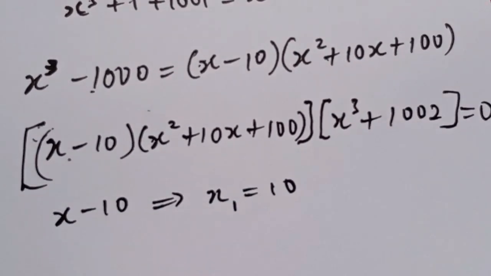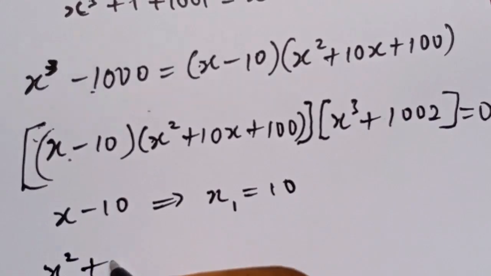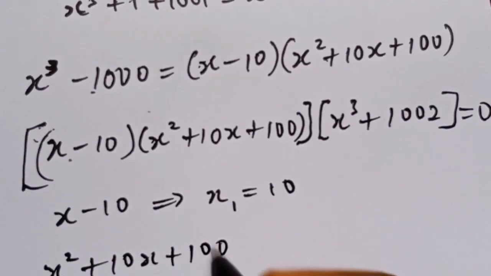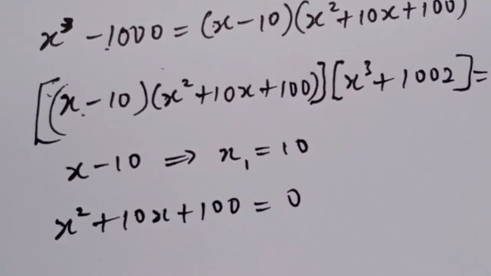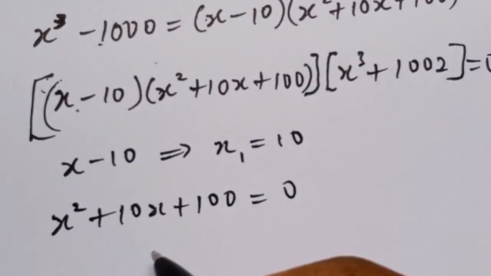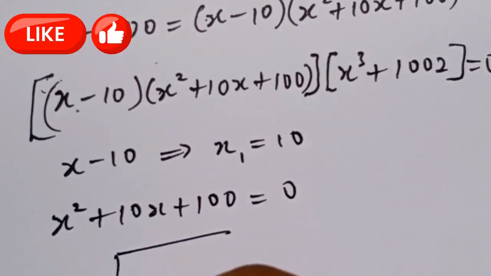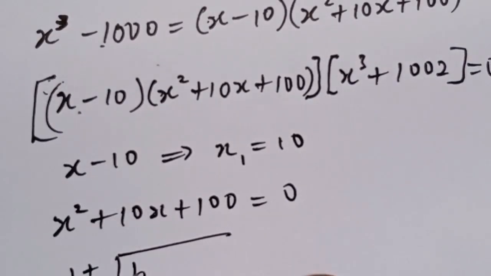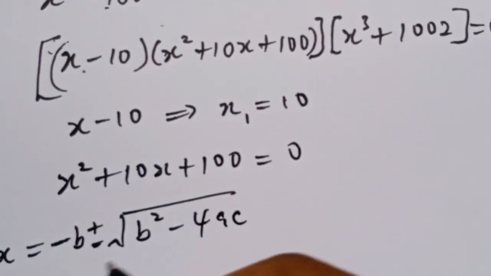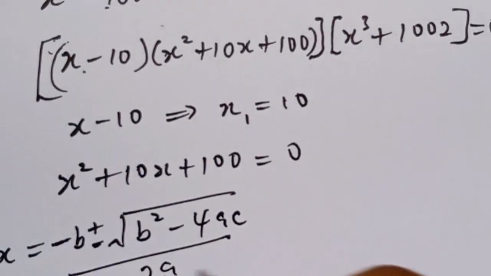Okay, the next value of x is to solve for the quadratic equation. We have x raised to power 2 plus 10x plus 100, everything equals to 0. To solve for x in this quadratic equation, we use the quadratic formula, which is x equals minus b plus or minus square root of b squared minus 4ac, over 2a.